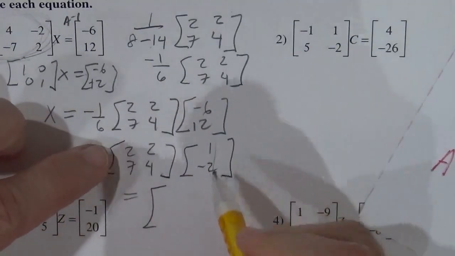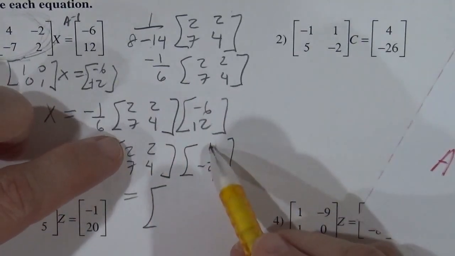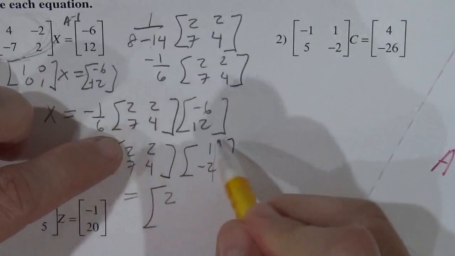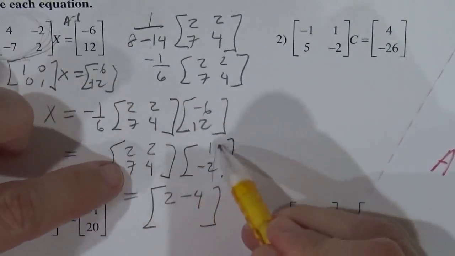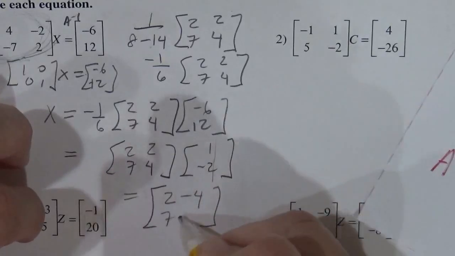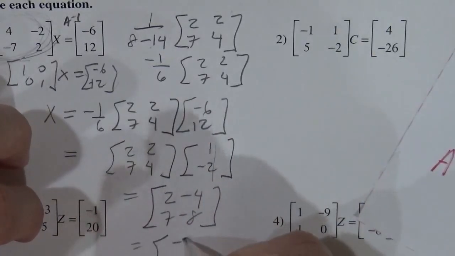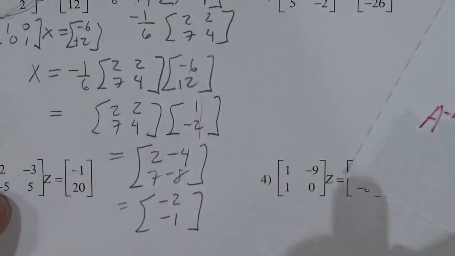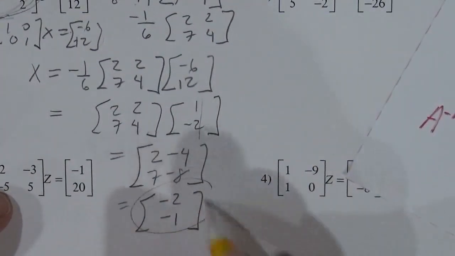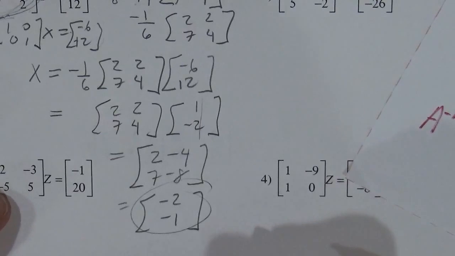So if I just multiply these two together, it'll be 2 minus 4, and then 7 minus 8, so it's negative 2 and a negative 1. And so that should be the matrix that we're looking for.